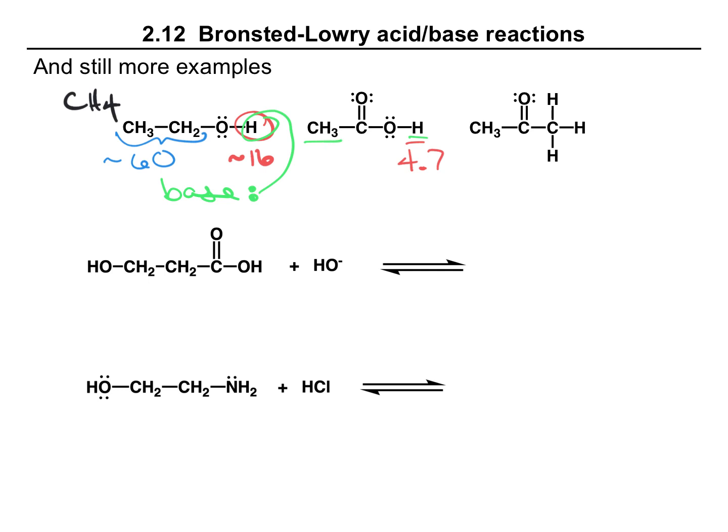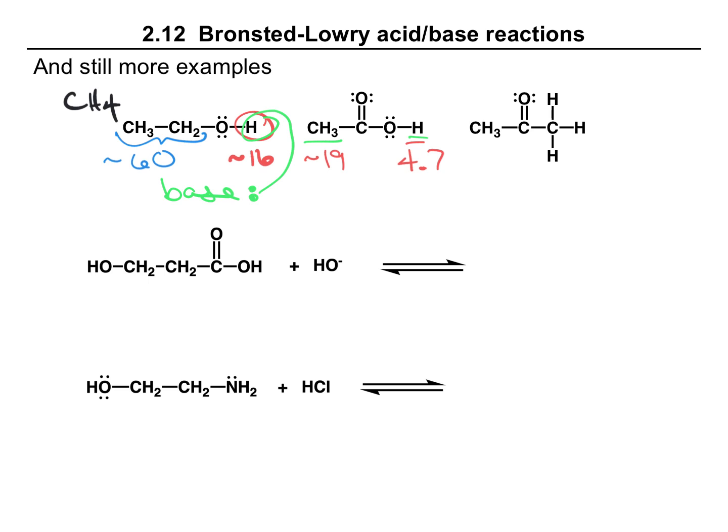So that means that we could estimate the pKa of these hydrogens as being similar to these hydrogens. So that means we're looking at a pKa of around 19. Now, the fact that this also has an oxygen, it's not going to be exactly 19, but that's a ballpark figure that we can use.